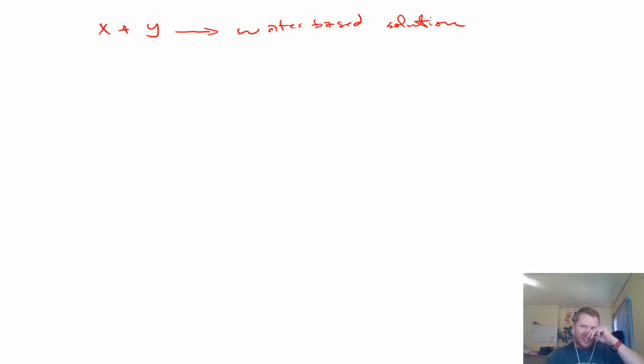Now that water-based solution has a density of approximately 1 gram per milliliter because it's based in water, and it might be a little bit more than that. It might be 1.1 or something like that, but we're looking at it as a negligible amount.